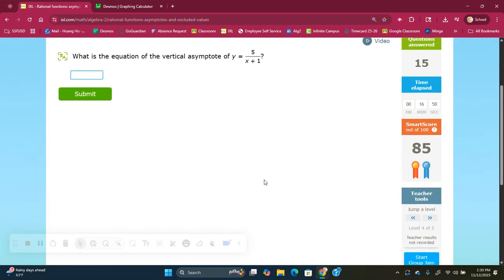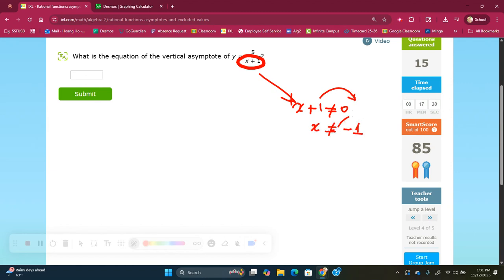This time vertical asymptote. Again, if you want to find the vertical asymptote or excluded value, you go to the denominator. And this denominator cannot be equal to 0. So x plus 1 cannot be equal to 0. It means x cannot be equal to negative 1. I move the number 1 to the right side and it becomes negative 1.